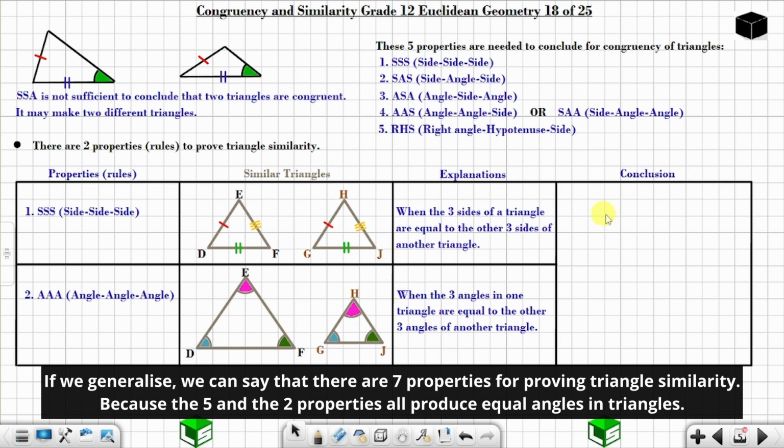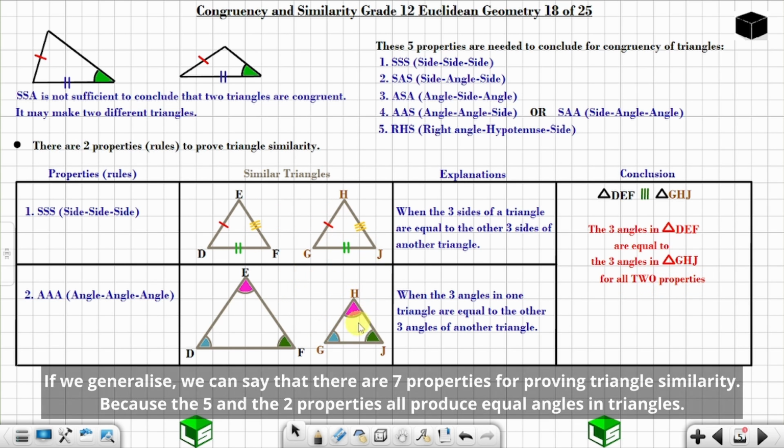So conclusion, triangle DEF is similar to triangle GHJ, and from this you know the 3 angles in triangle DEF are equal to the 3 angles in triangle GHJ for both properties, in this case and in this case.